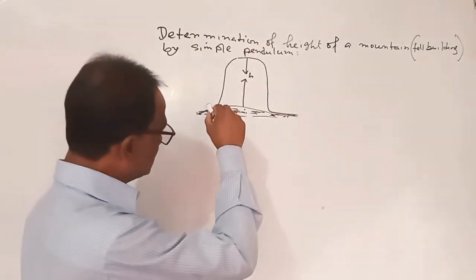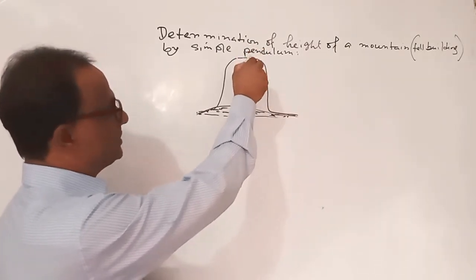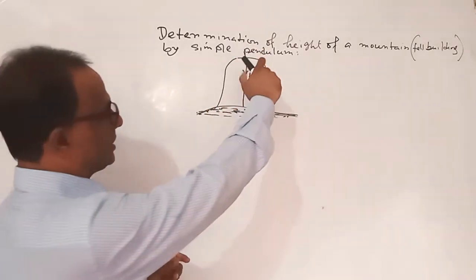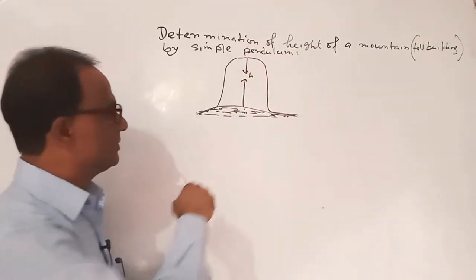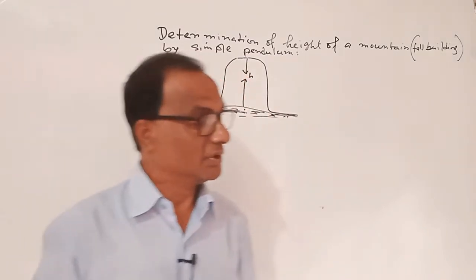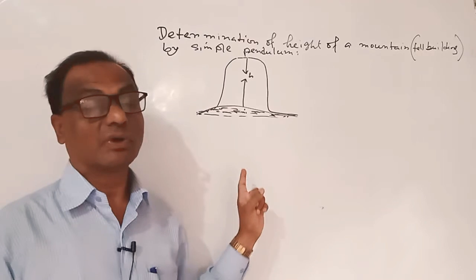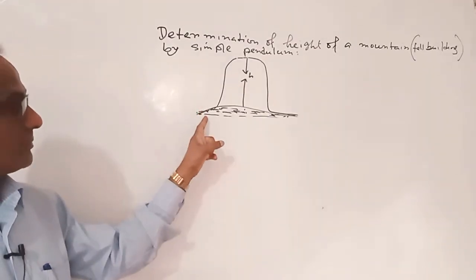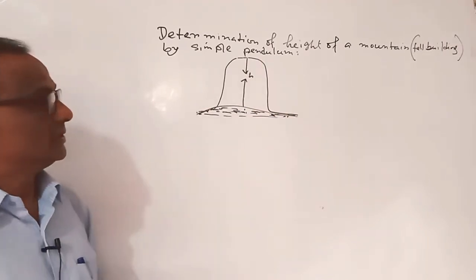This is the surface of the hill and this is the top or crest of the hill. So the height between top and bottom is h. Now we will calculate at first the acceleration due to gravity at the surface of the hill and at the top of the hill.